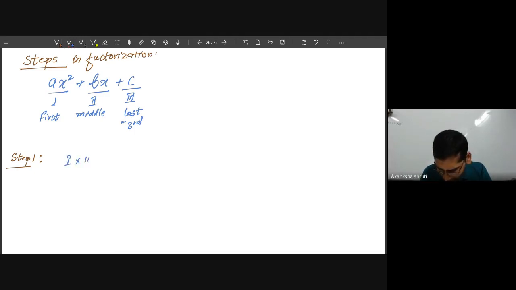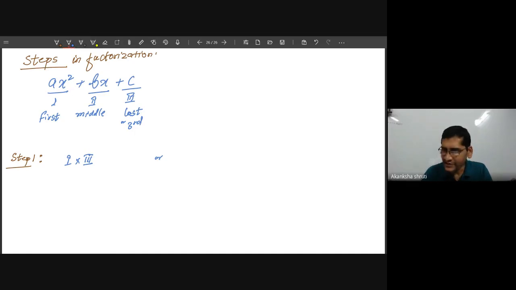You are even free to choose just the coefficient of the first term and the constant term c, so the entire term can be multiplied, or just the coefficients.